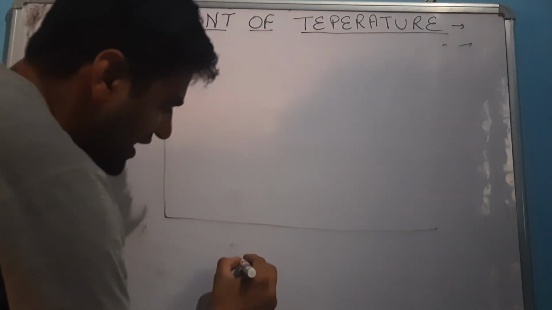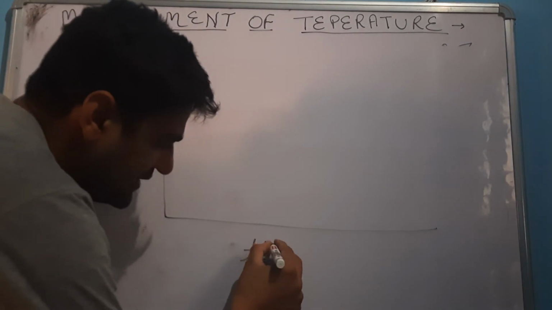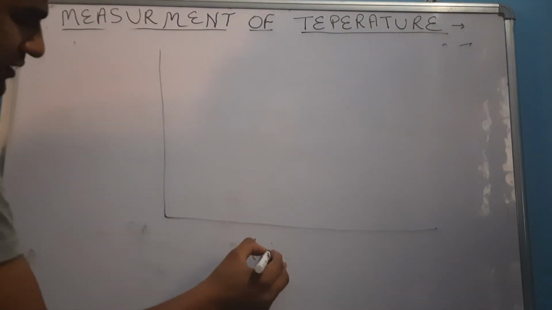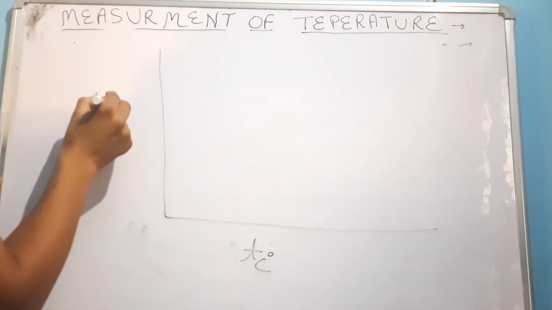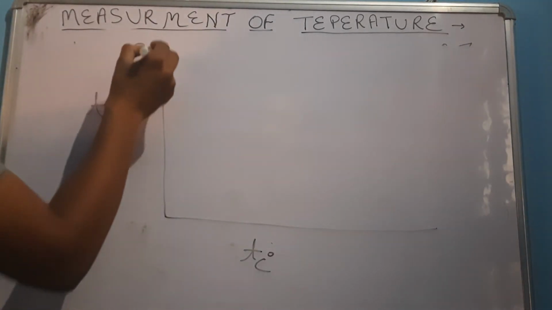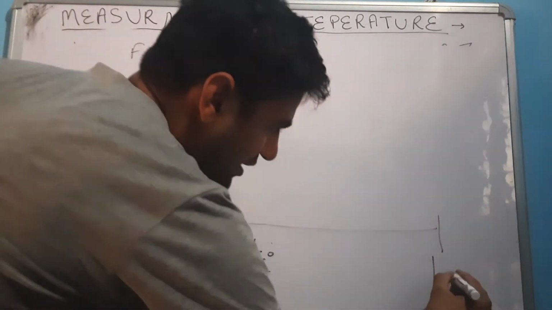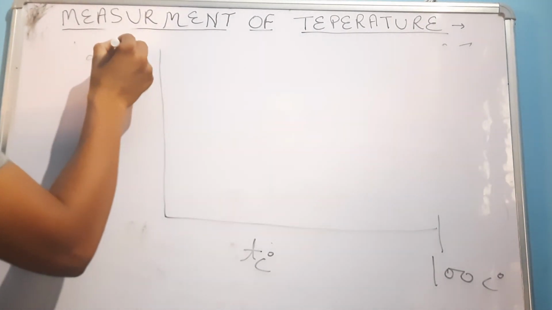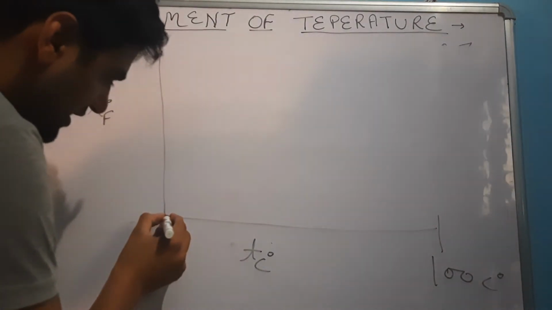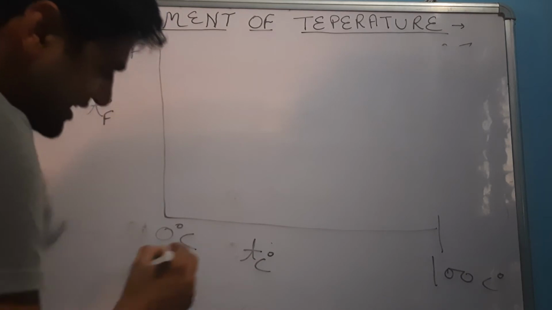Along the x-axis we take temperature in degrees Celsius, and along the y-axis we take temperature in degrees Fahrenheit. Here it will contain 100 degrees Celsius, which is at maximum point 212 degrees Fahrenheit, and here it will contain 0 degrees Celsius.